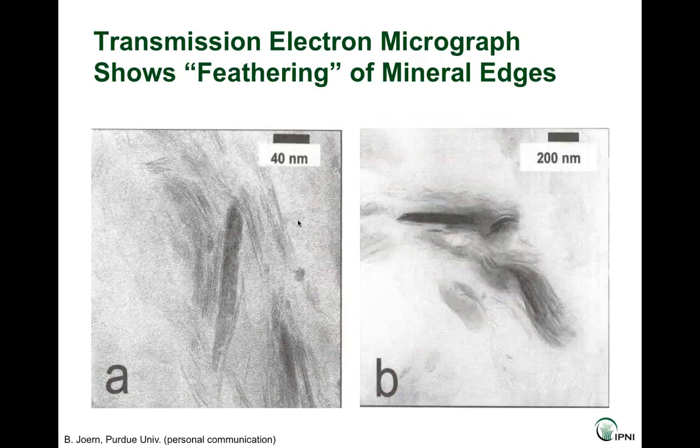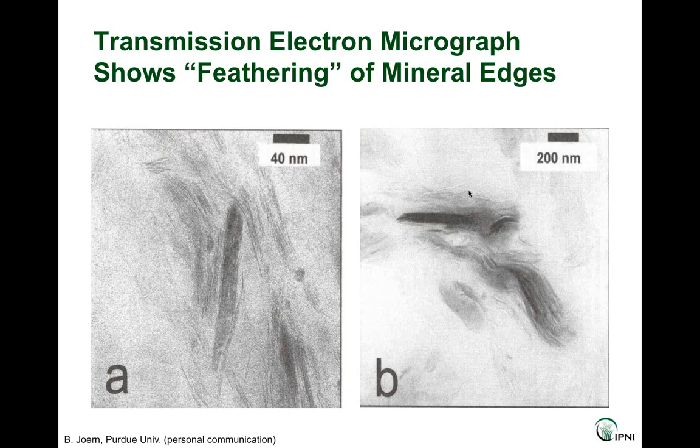Here's a transmission electron micrograph of these minerals, and the important thing I just want to point out is that when we look at these TEM images, these individual lines are the actual edges of individual sheets in the mineral layers, and you can see that there are places, for instance on the right here, where we can get greater and greater spacing between these individual layers near the edges, creating a feathering where we see that these layers are breaking apart, and that creates highly reactive surfaces for us.